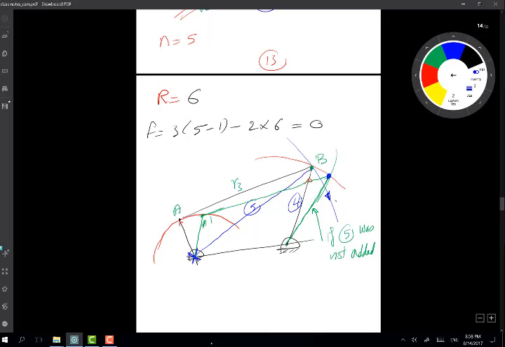So this here is R5, this one here is R4, and possibly this one here is R3. So if you see the discrepancy, link number 4 wants to come here, and link number 5 wants to move on a different arc.